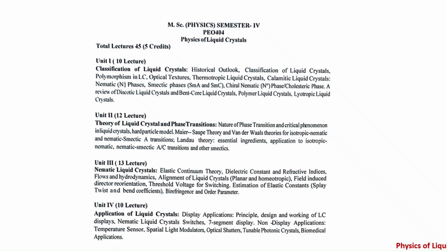Here one word is coming, isotropic. So I am briefly explaining what isotropic is. Isotropic means something which has the same property in every direction. So if the direction changes, the property remains the same. For example, liquids have the same property in each direction.